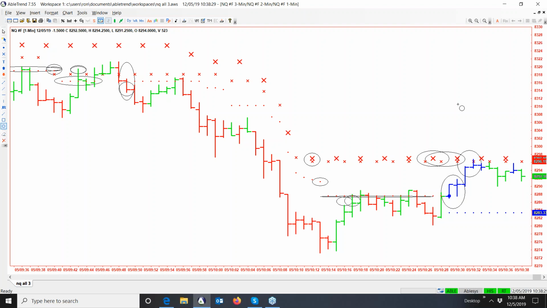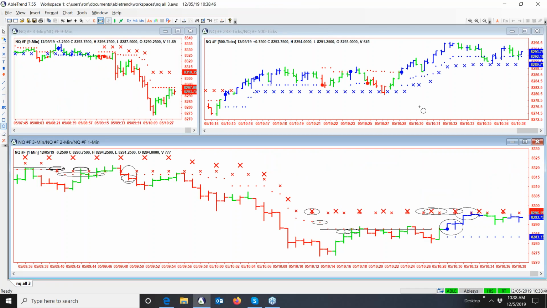So you wouldn't use a tick chart as an example. You can. In fact, again, to be a little bit more advanced, I actually look at a tick chart also because I want a really, really fast chart. I don't want to confuse anybody, but this is what I like to look at. I use a tick chart also, a 233-500 combination, because again, combination charts work great in AbleTrend.